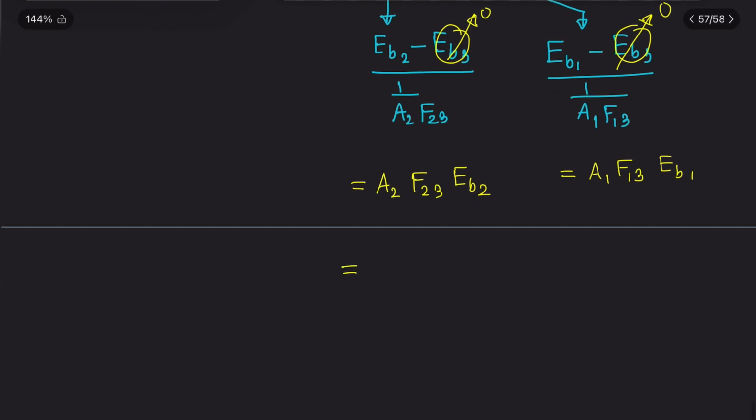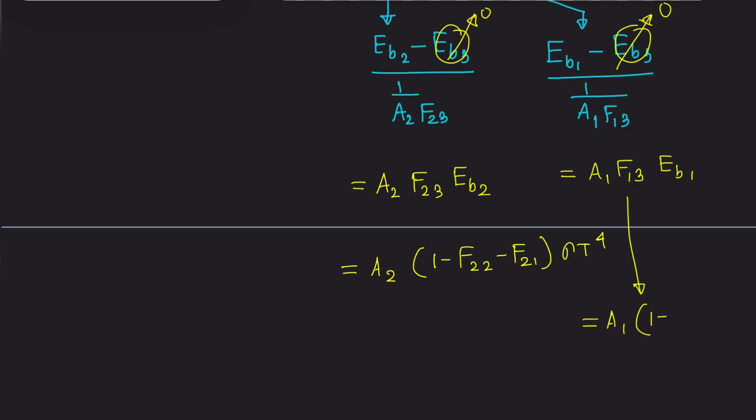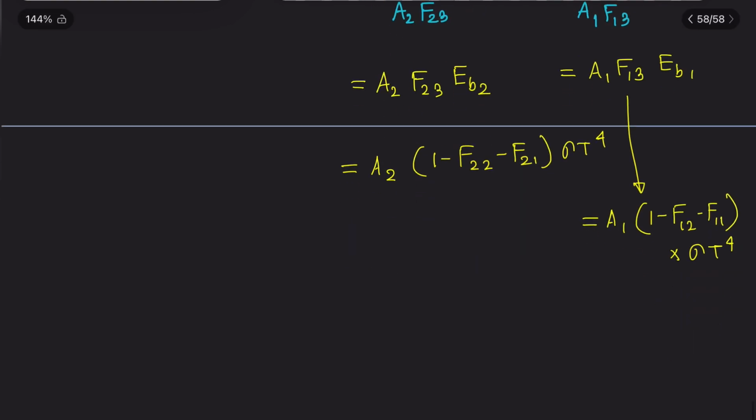Now I can write F23 as 1 minus F22 minus F21, and EB2 is sigma T to the power 4. For the other one I will have A1 into 1 minus F12 minus F11 into sigma T to the power 4.